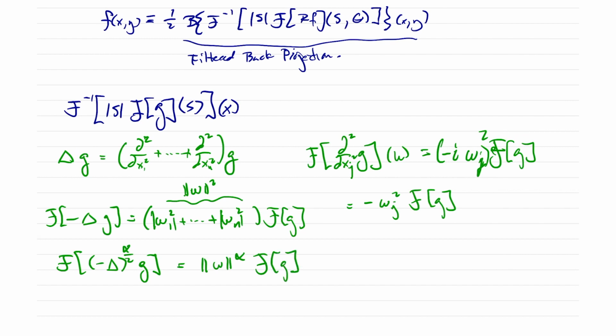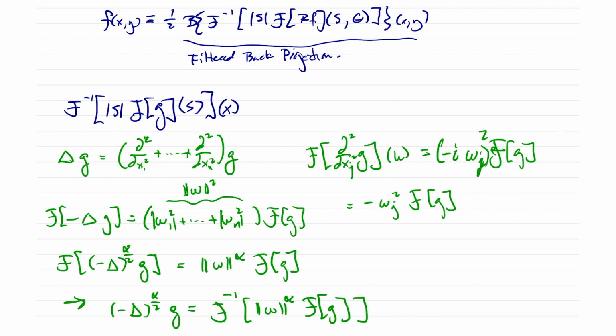So then, using this sort of definition through the Fourier transform, we can say that the fractional Laplacian acting on g is just what you get when you use the inverse Fourier transform on this quantity, the norm of, say, w or omega to the alpha, multiplied by F of g. And so this is called the fractional Laplacian.